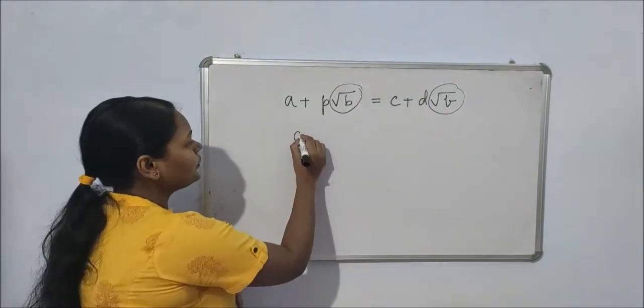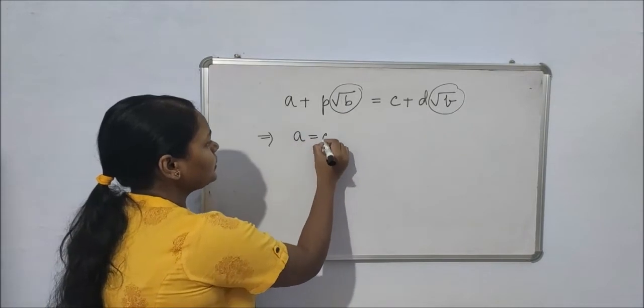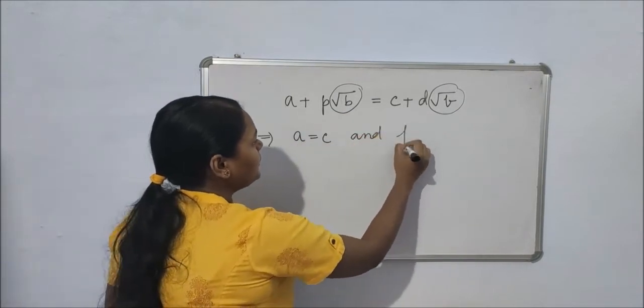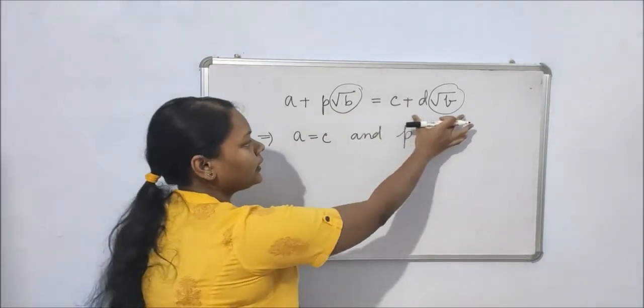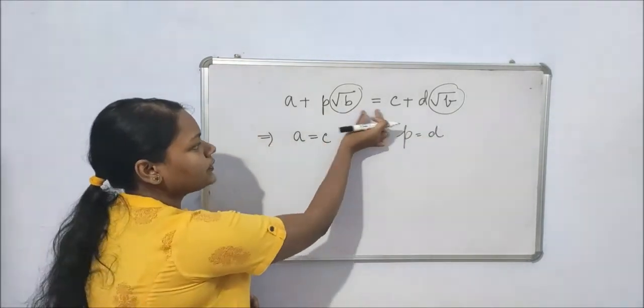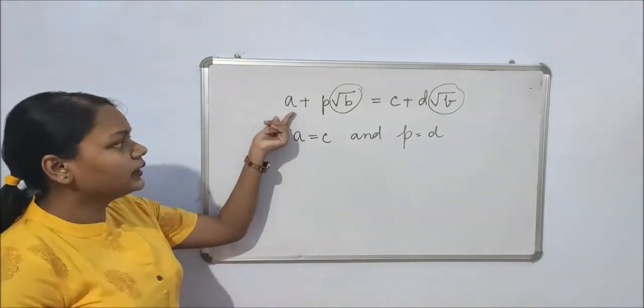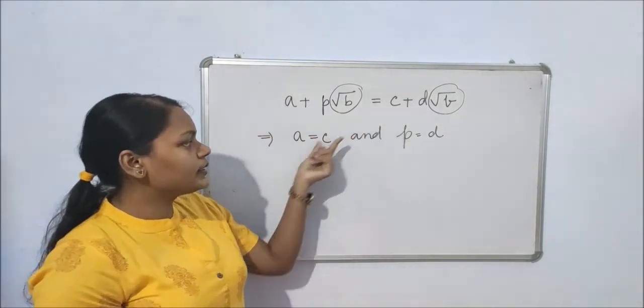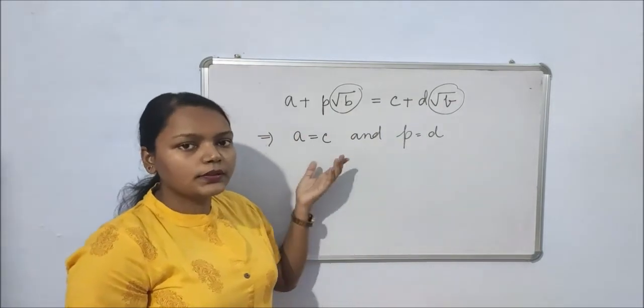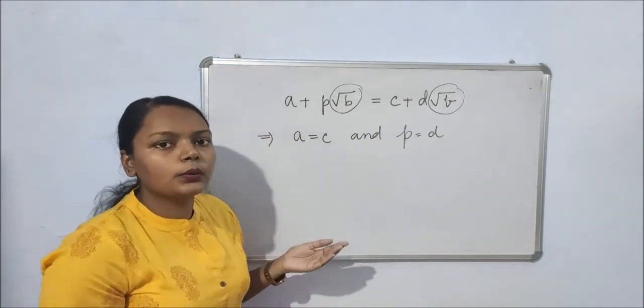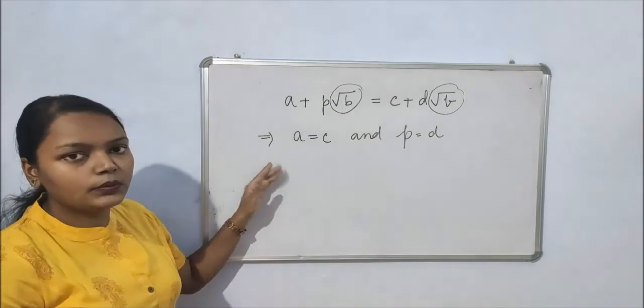So I can say from here that a is equal to c and p will be equal to d. When two such expressions are equal and the root value is the same, then the whole number parts a and c will be equal, and the multiples p and d will also be equal. This is a very important result. It will be applied in the questions also. So keep this result in mind.